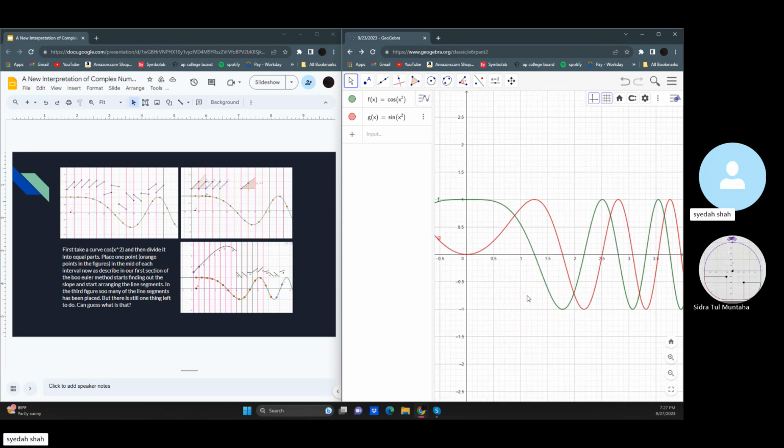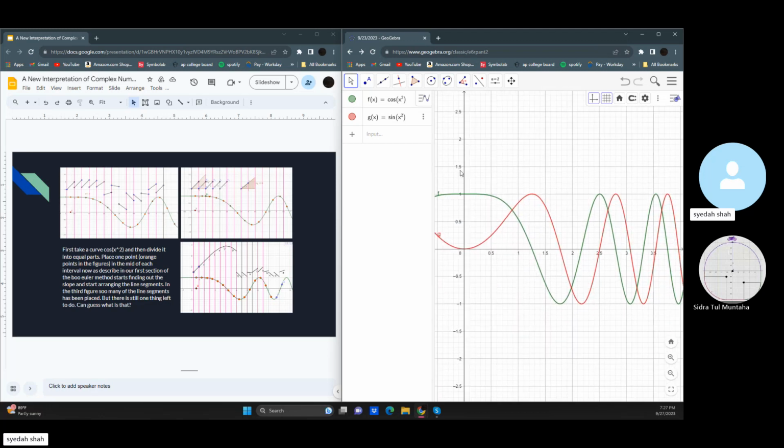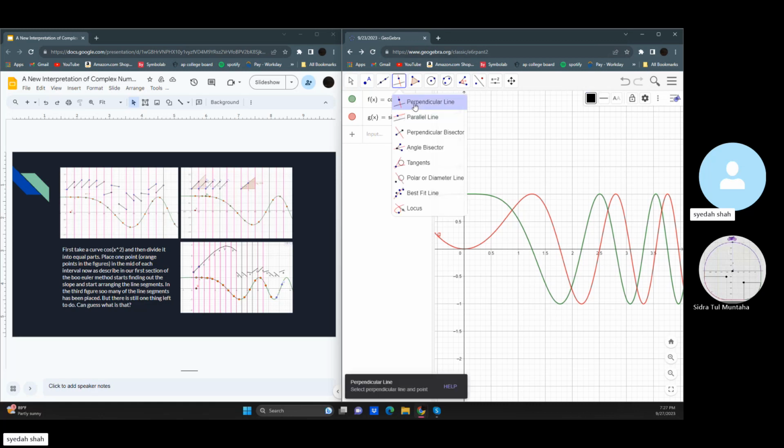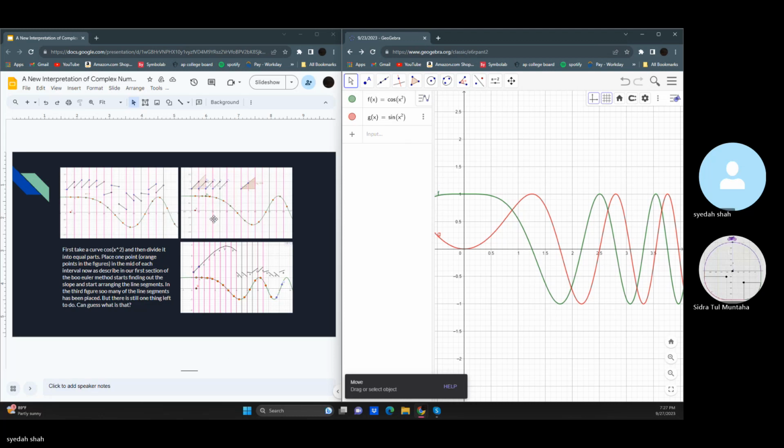Okay. So, should I also put the lines on the graph as well, like it is here? Yes, so it is this.